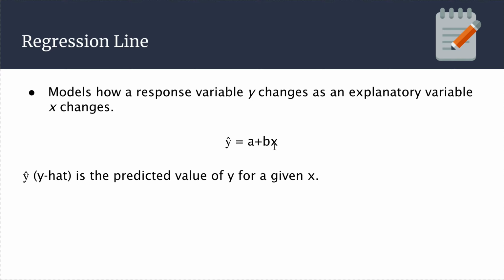I know in algebra we're used to saying mx plus b. Please, in stats, shift that thinking. We're going to do a, the y-intercept first, plus bx, the slope, and then x, which is our explanatory variable. Y hat is going to be the predicted value of the response variable.